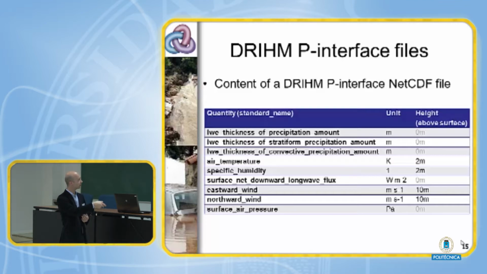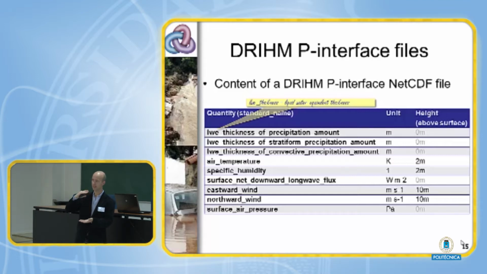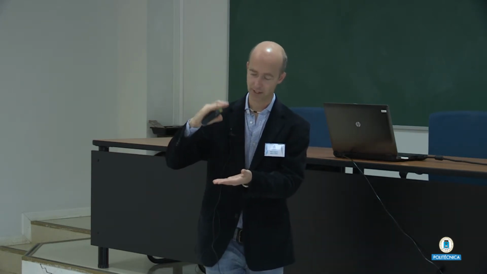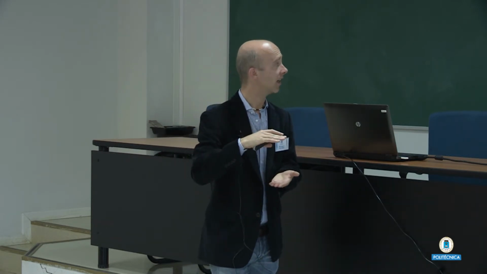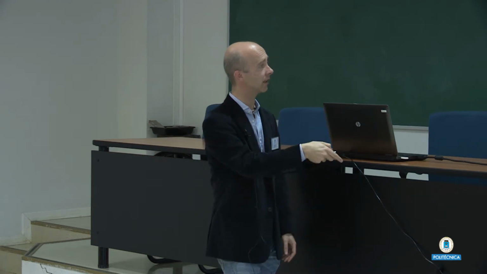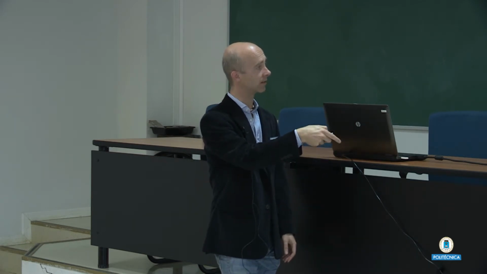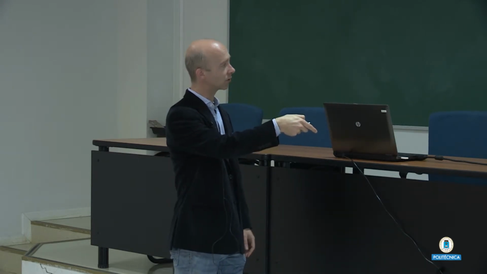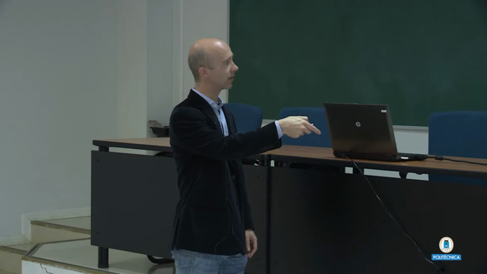There are a couple of quantities, LWE thickness, which stands for liquid water equivalent thickness of precipitation amount. It's basically the amount of water you would collect in the rainfall tube. It's the thickness, the amount of water per square area, and also the total thickness.